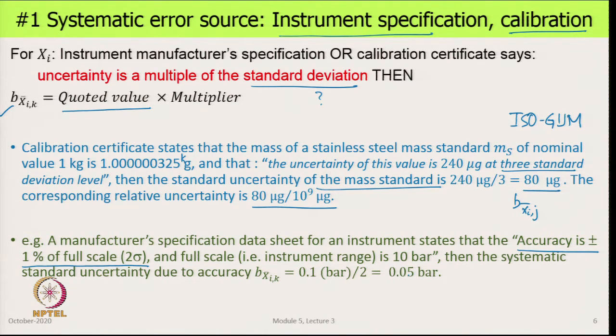So, in the instrument data sheet there is an item which says range, say 0 to 10 bar or 1 to 10 bar. There is another item which says accuracy, and against that it says plus minus 1% of full scale in bracket 2 sigma. That means the systematic standard uncertainty due to accuracy. So, the accuracy is our elemental source of systematic uncertainty. Bxik is 0.1 bar by 2, which is 0.05 bar.